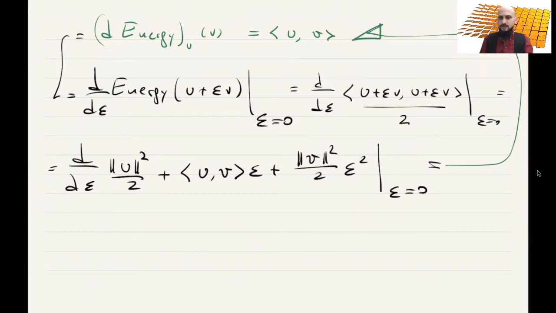Okay, so let's put together the differential of the energy with the differential of the endpoint map that we proved in the previous video. I write it as a proposition.